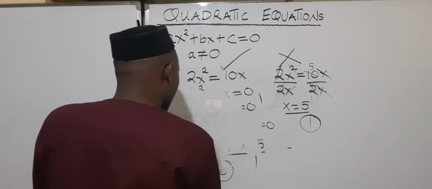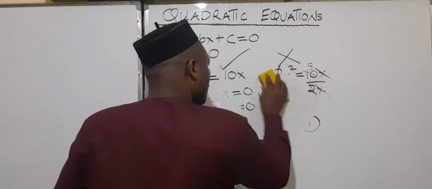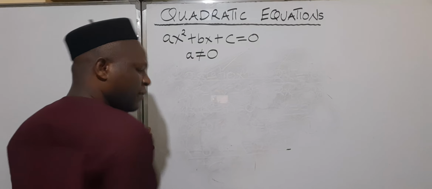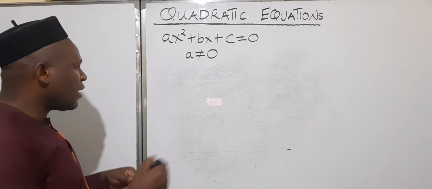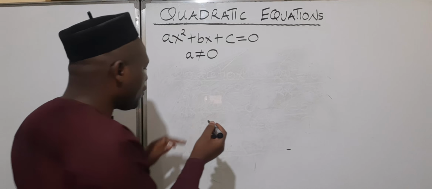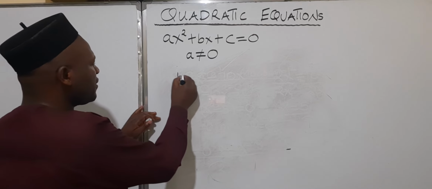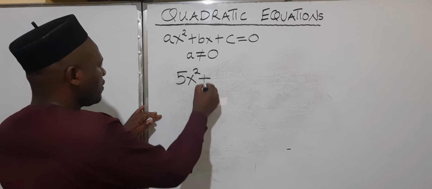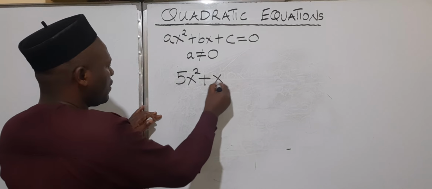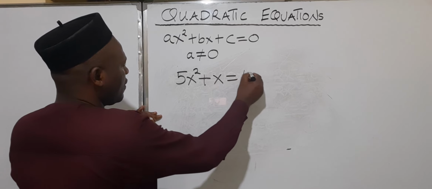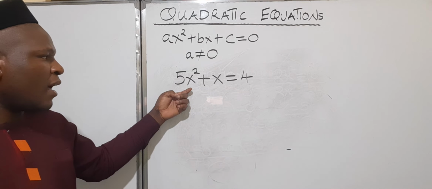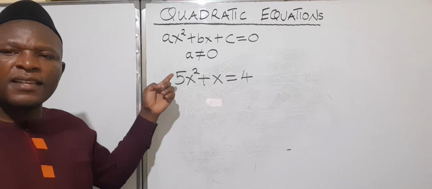We quickly go to the other type of quadratic equation that we are very familiar with. The other one is called quadratic trinomial. Let's take, for instance, that we are to solve this quadratic equation. A question like this one, first thing, standardize.